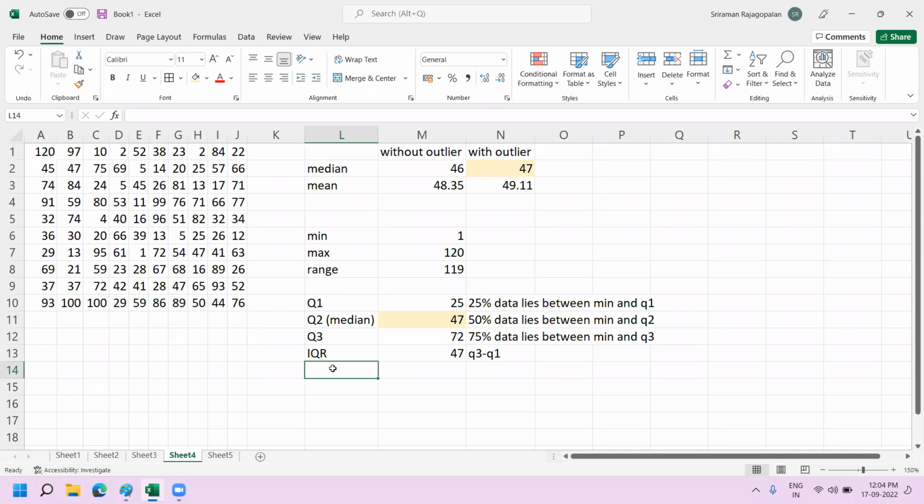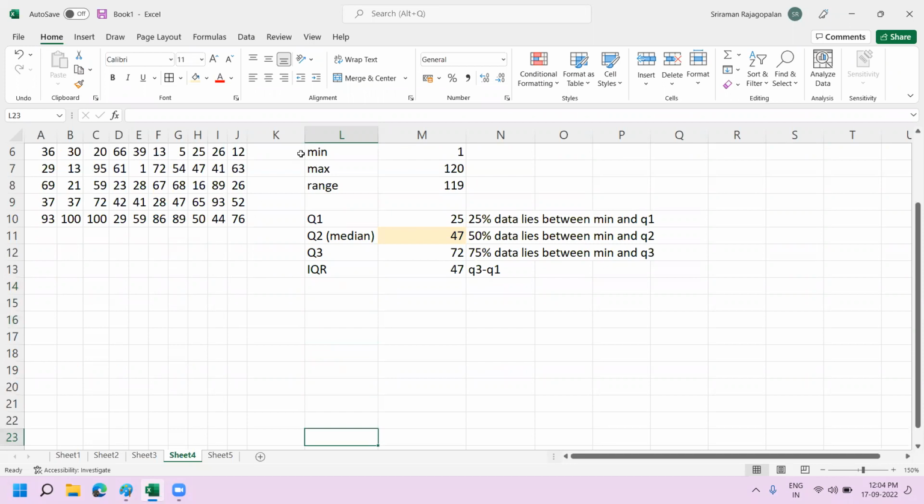Using which plot? Box plot, isn't it? You must have done this in Python, probably, as visualization. So how does the box plot look?